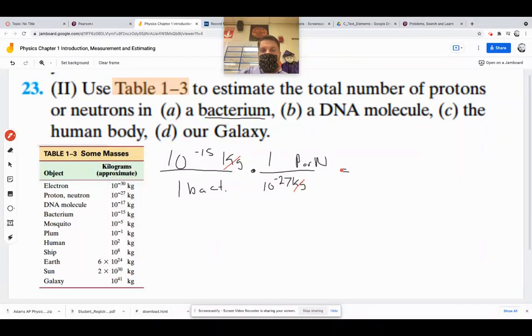And essentially, I end up with 10 to the negative 15 protons or neutrons to 10 to the negative 27 bacteria.